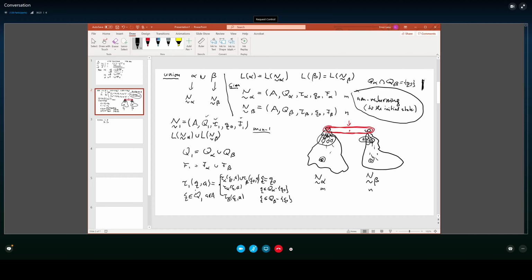So N sub alpha is given that way: Q alpha, tau alpha, Q0, F alpha, and N sub beta: Q beta, tau beta, Q0, F sub beta. And they're non-returning, and the intersection of the two sets of final states contains only the initial state and nothing else. So this is not just for union, this is for concatenation and star as well.